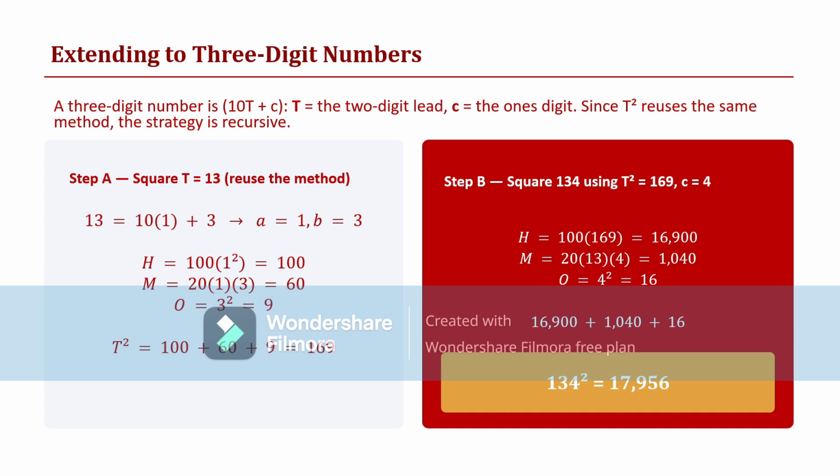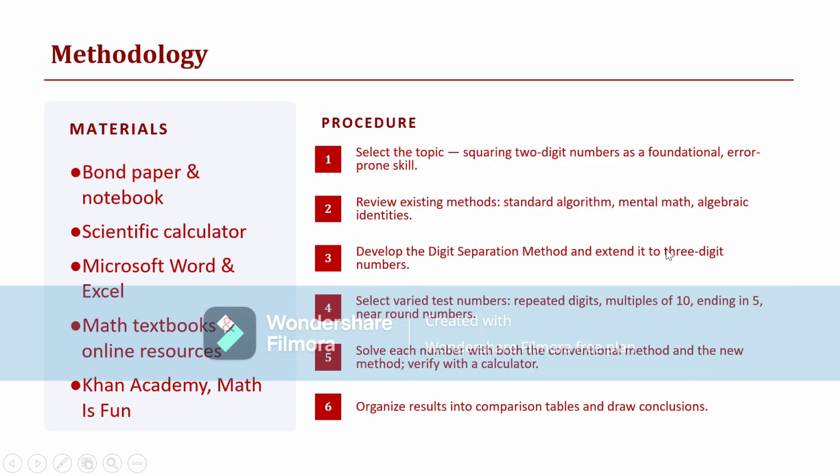The ones part is 4 squared, which is 16. If we add all, we get 17,956. So the square of 134 is 17,956. This is the example for the two-digit number, and this one is for the three-digit number.